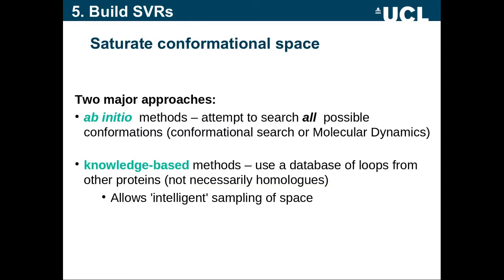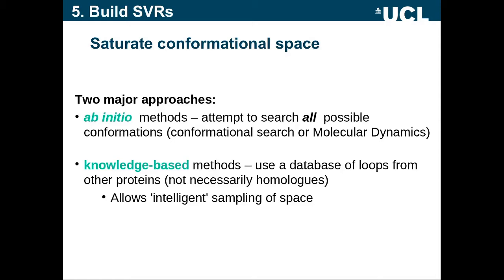Now, there are two major approaches to saturating conformational space. The first is known as the ab initio approach, and that really does attempt to search all possible conformations. And when I say possible, I mean energetically favourable. And that can be done using true conformational search techniques, so there's software called ConGen that can do that, or using molecular dynamics type approaches.